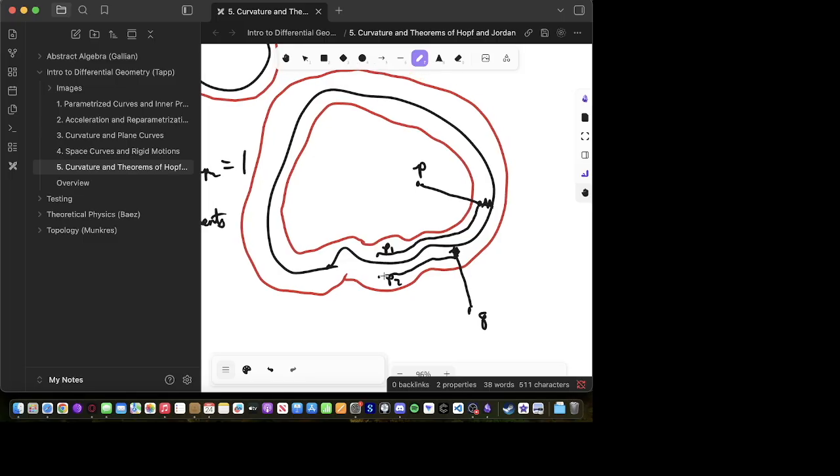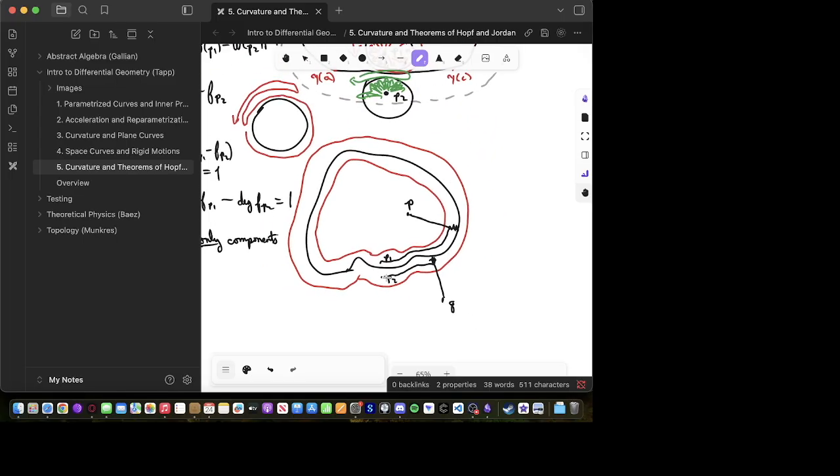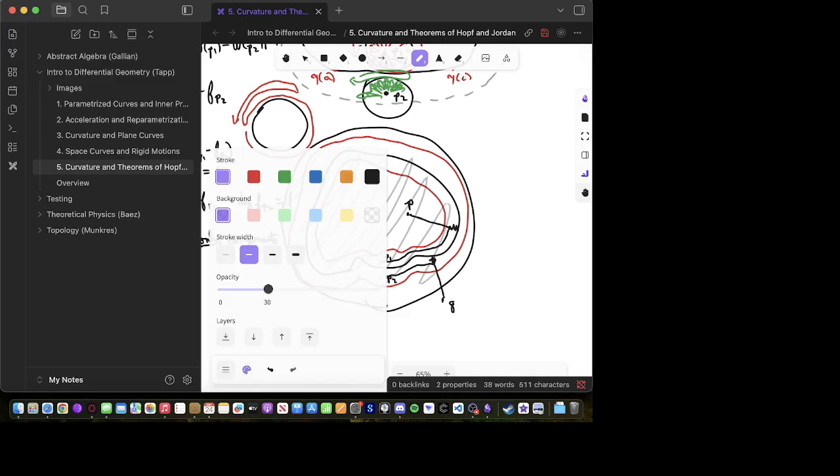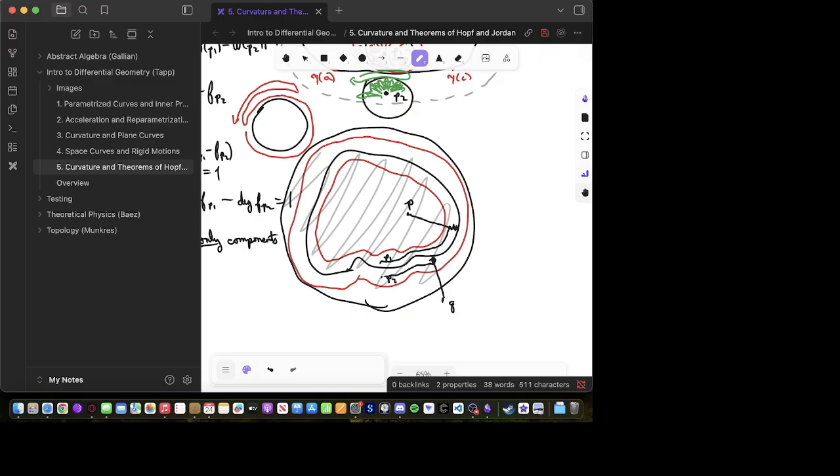Now, suppose that we have a ball in R squared, which ends up being a circle with everything filled in. It's pretty clear that one component must contain the complement of B, as you can see. And therefore, that component, which is the exterior, is unbounded. So the other component must be contained in B, and is therefore bounded.